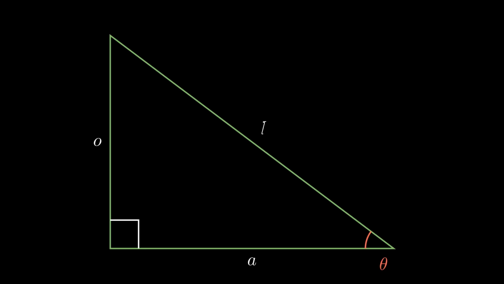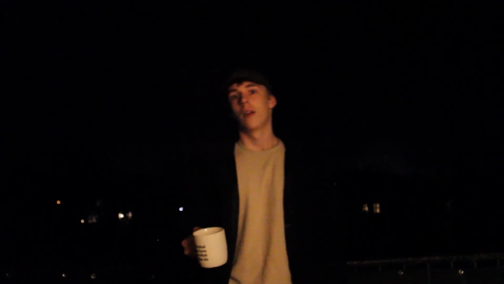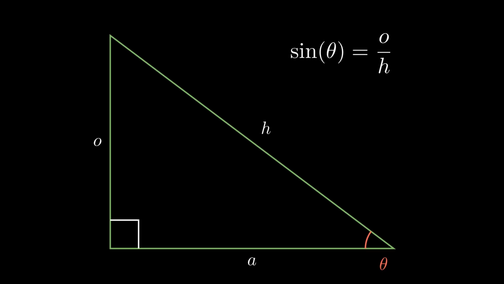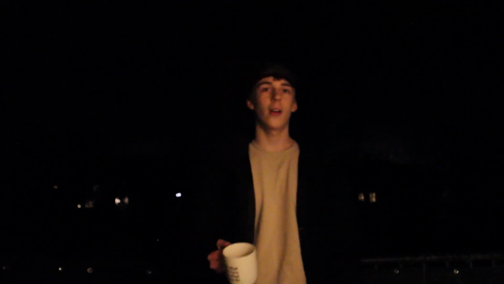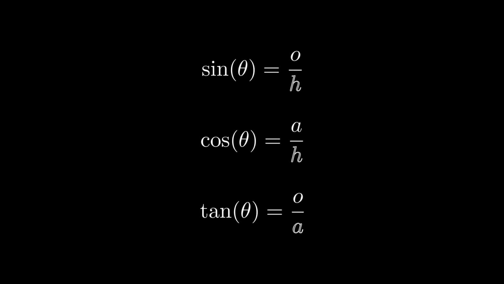And then the hypotenuse we will call H, of course. Now, the sine function is usually written with sine theta being equivalent to O, as in opposite, divided by H, as in hypotenuse. What about the other functions, like cosine or tangent? Now, those are almost the same, just that they use other sides.